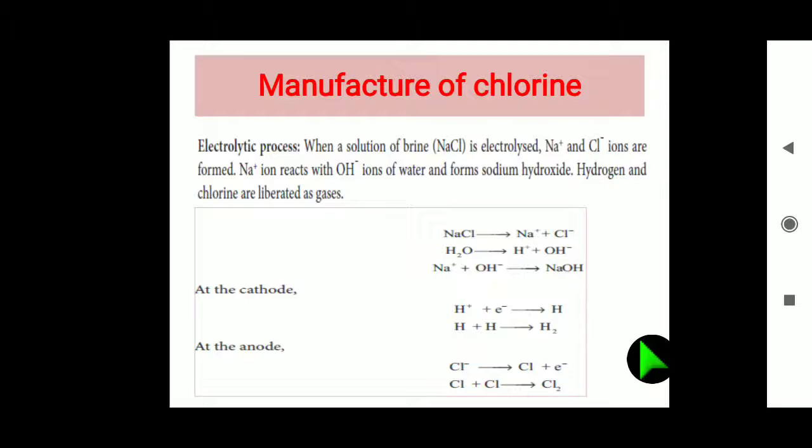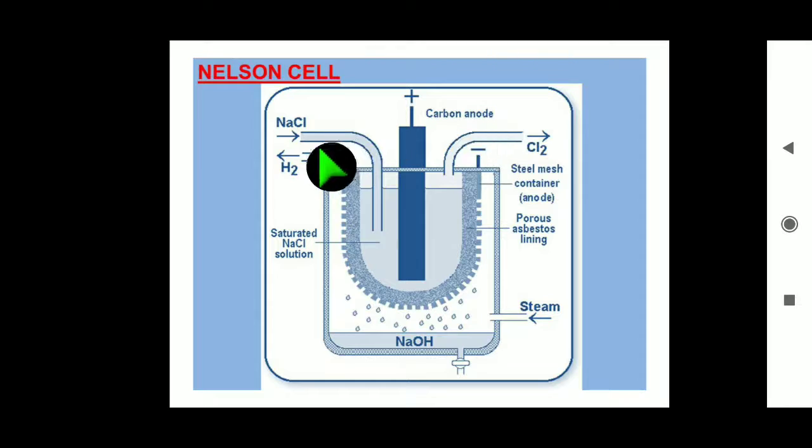Okay, what about the diagram? Here we can find the diagram. The cell name is Nelson cell. Here we can fix the anode. The carbon acts as an anode.